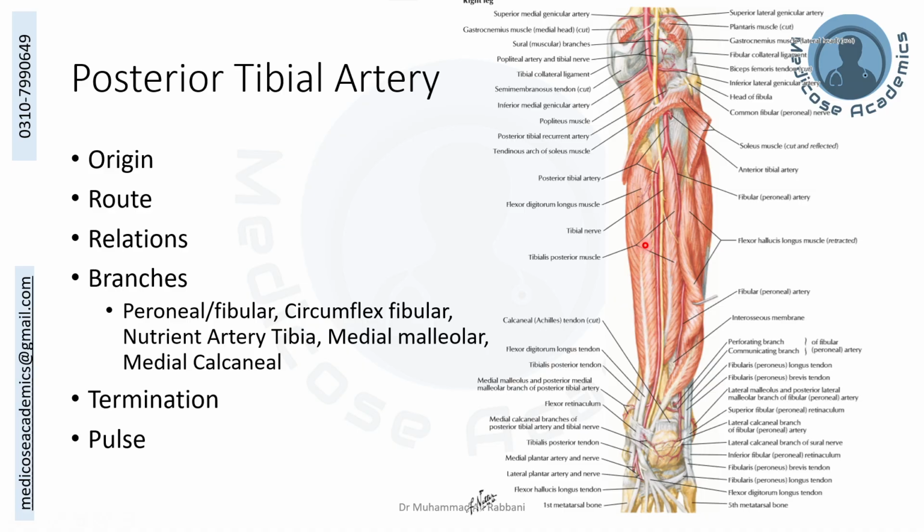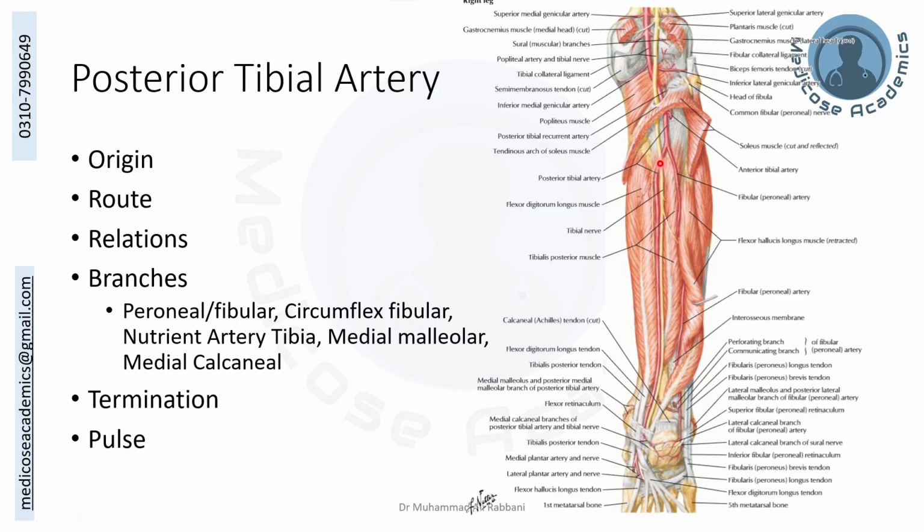Let's dive into the route a little more. When talking about route and relations, after arising it passes deep to the soleus. So in the posterior relation it will have the soleus muscle there, and as you can see, the tibial nerve crosses it posteriorly from lateral to medial aspect.